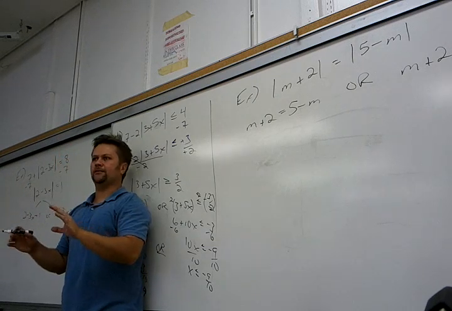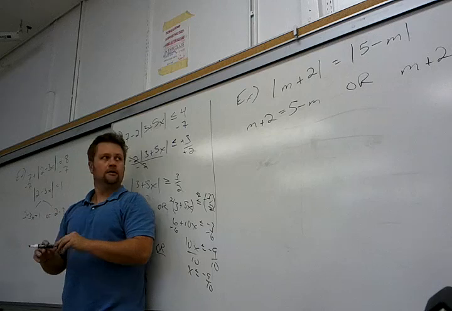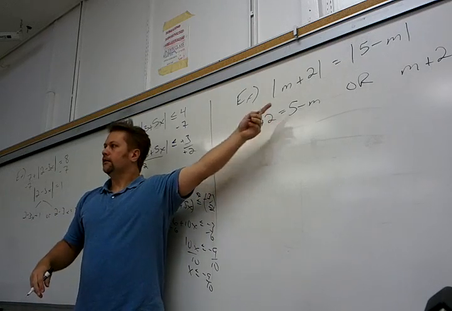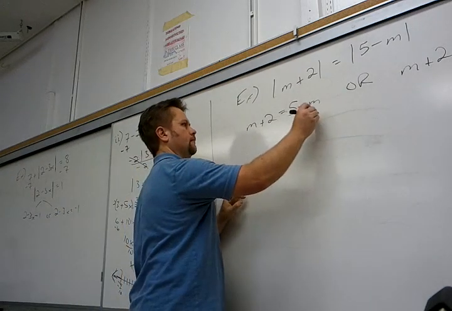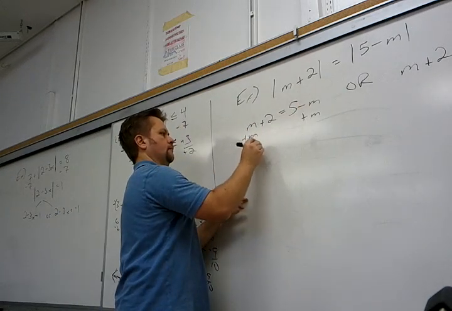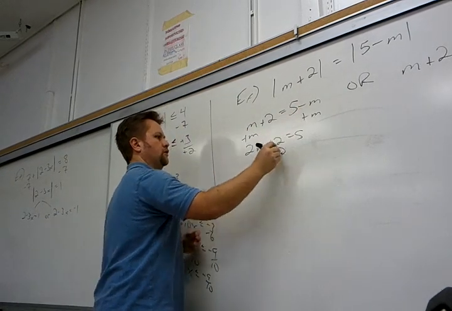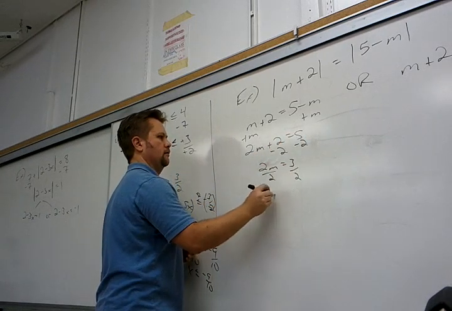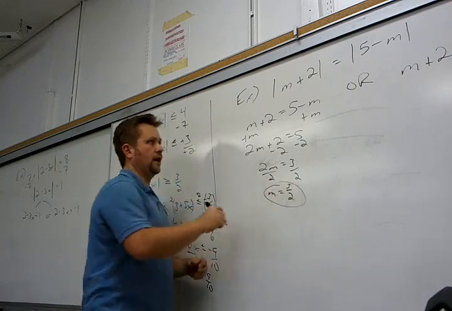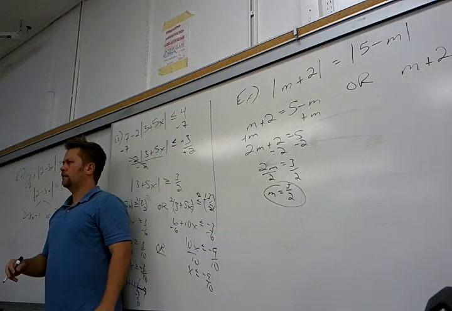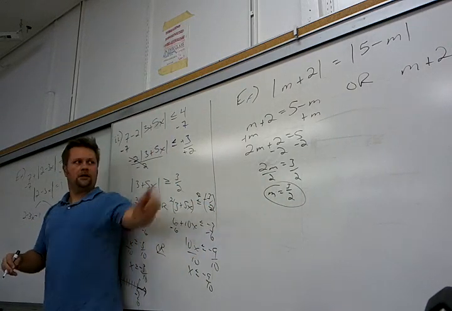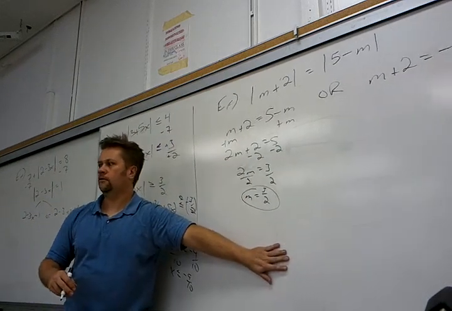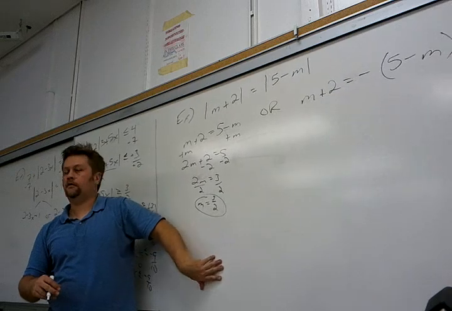So this leads to possibly some freaky things. On this side, this is pretty straightforward. Add the m. Subtract the 2. Divide by 2, and you got it. But what do you get on the other side? First you have to distribute the negative sign.